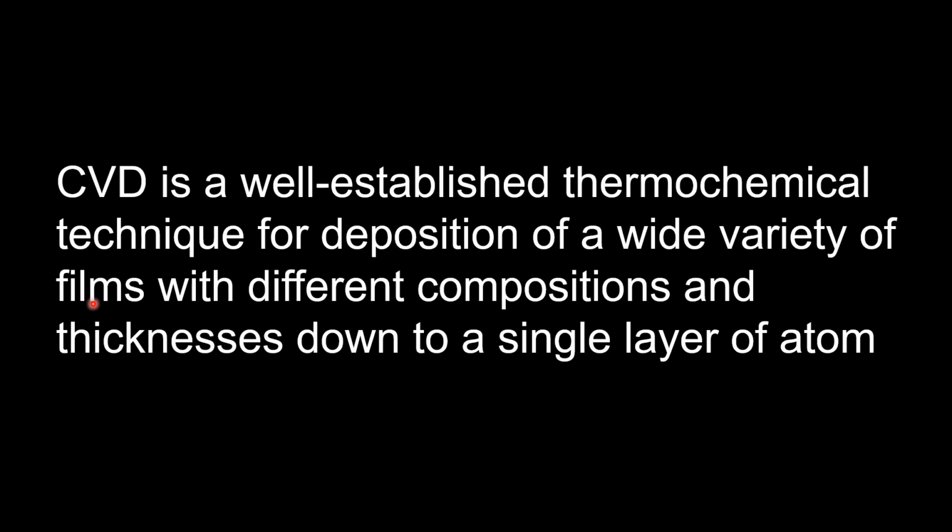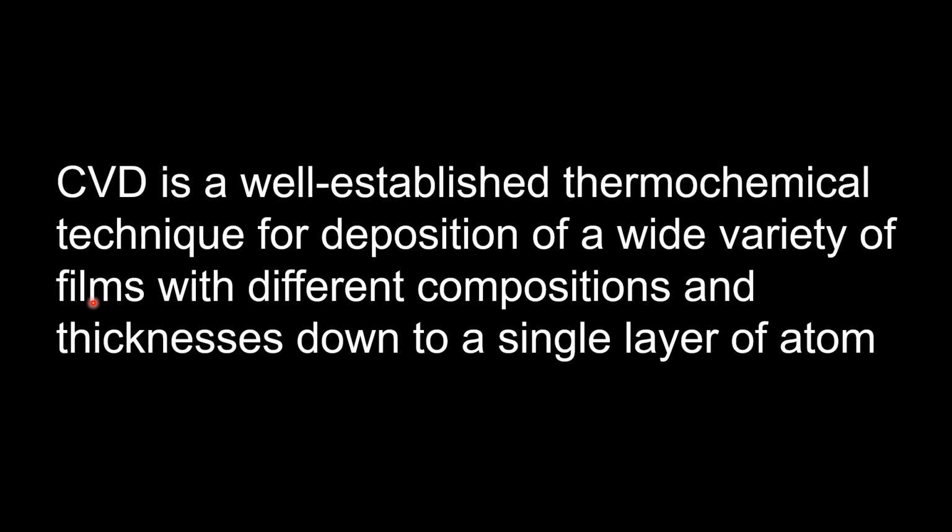We can deposit thick films which are in the range of micrometers, and also thin films which may be in the range of nanometers. And even, dear students, with the chemical vapor deposition process we can deposit ultra thin films. Ultra thin films are films which are in the range of a few nanometers, or in the range of angstroms.